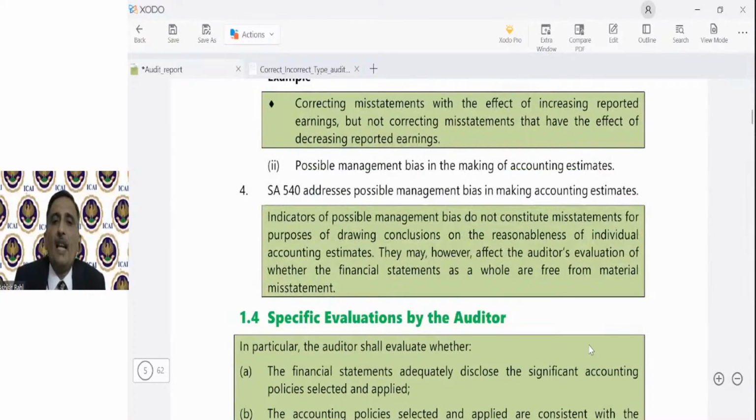So similarly, possible management bias in making of accounting estimates. There is a good chance that management, while making accounting estimates which are to be made while preparing financial statements, has a bias.